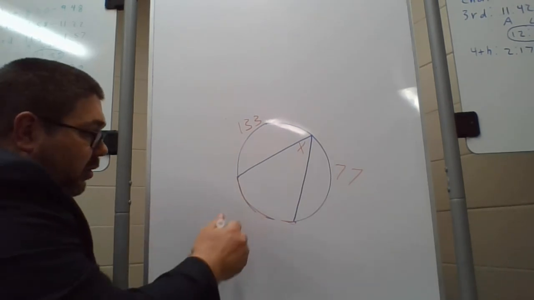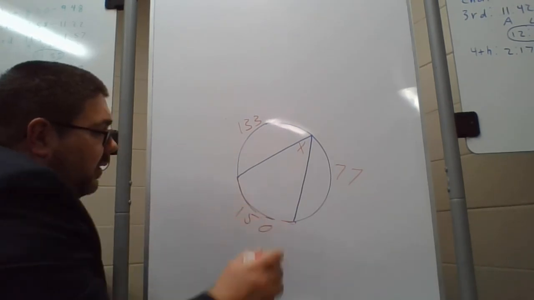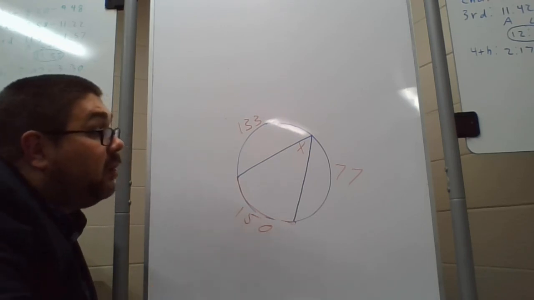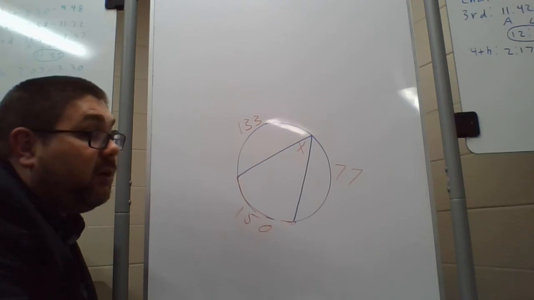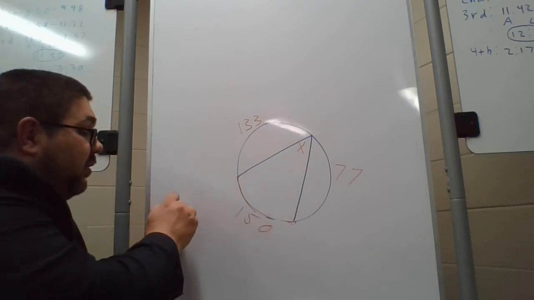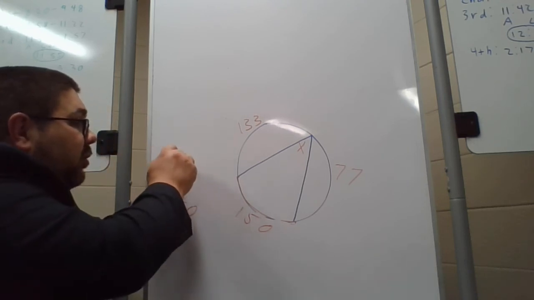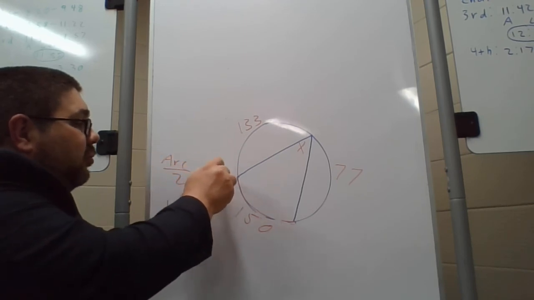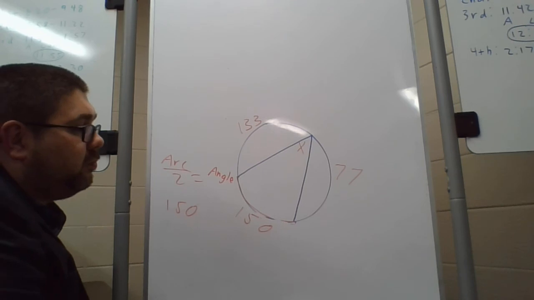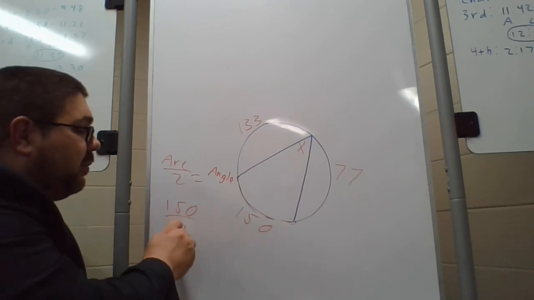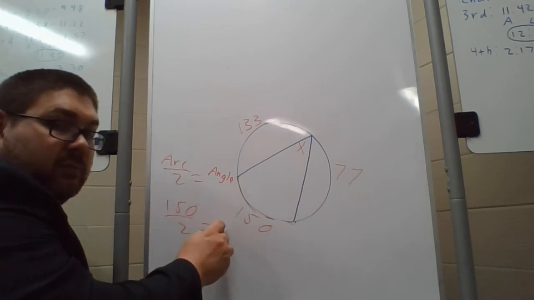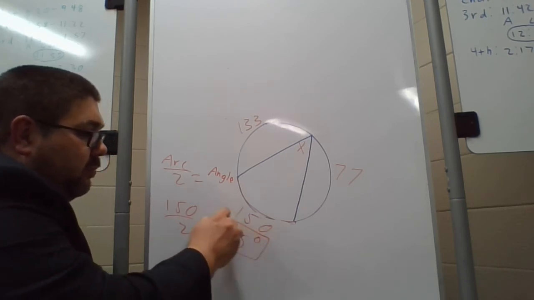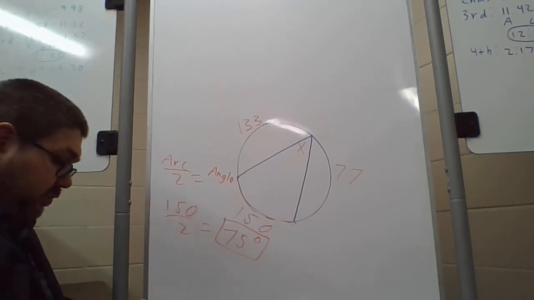Visuals are important when you're learning. Okay, 150. So I want to make sure I write that neatly. Well, we have the arc. The arc is 150. Arc divided by 2 equals angle. What's 150 divided by 2? 75. That's the answer.